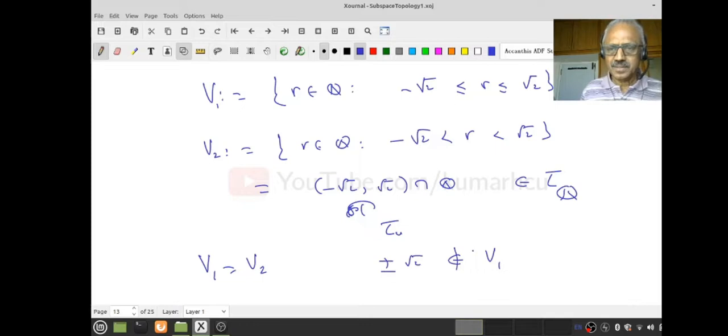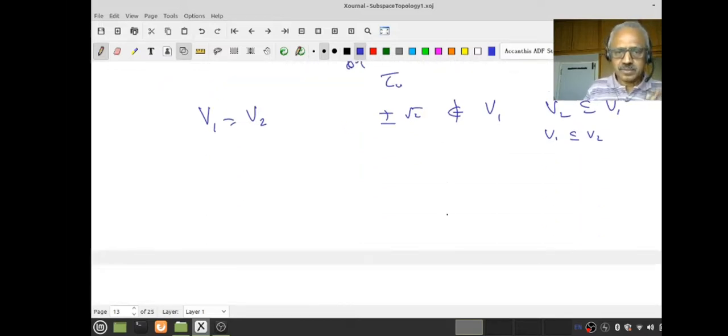Are you following? Notice that V2 is a subset of V1. This is clear. So I only have to prove V1 is a subset of V2. Think carefully. Suppose r belongs to V1. Then it satisfies minus square root 2 less than or equal to r, less than or equal to square root 2.